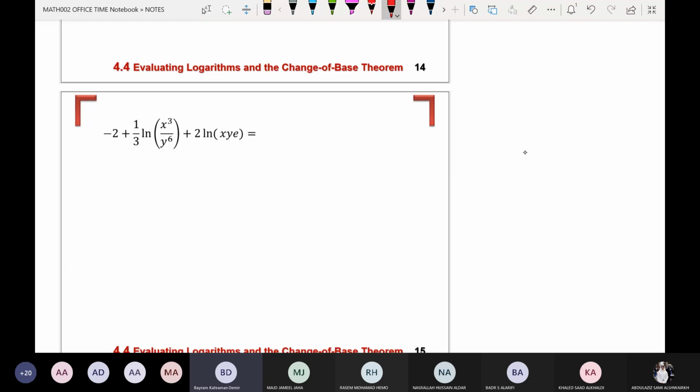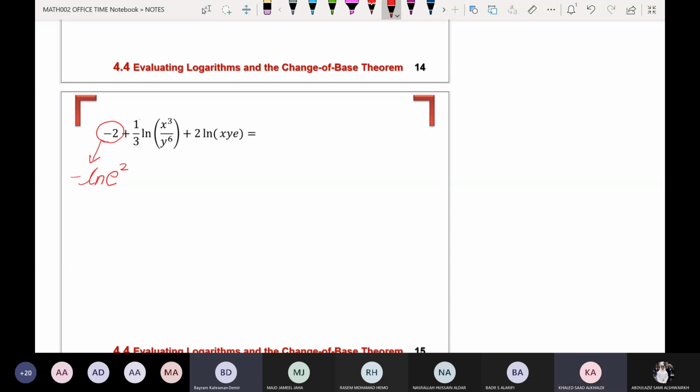Well, let's move these powers. So, there is negative 2 here. What am I going to do here? Minus 2 ln e, or ln e to the negative 2, or minus ln e square.